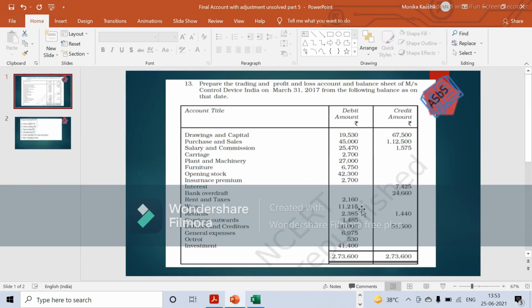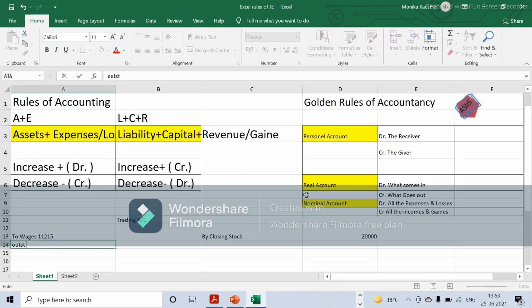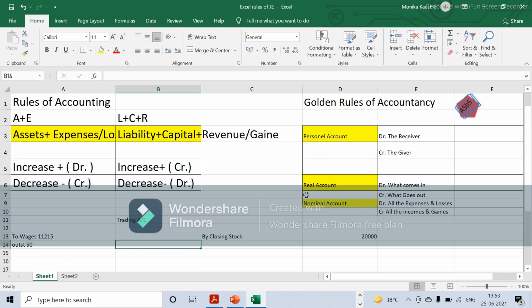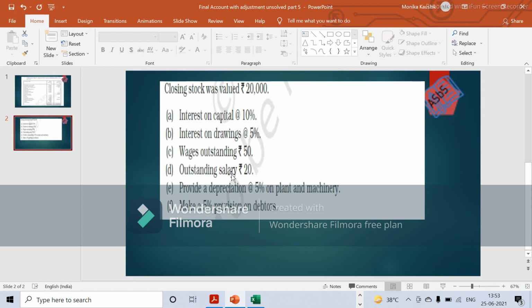So we'll have to add it back. The 50 rupees outstanding is related to this accounting period, so we add it here. And one more thing, we put it on the liability side because we have to make the payment of this. We have not yet made the payment, so this is done. Outstanding salary is part of P&L. Depreciation is a P&L part. Provision for doubtful debts is also a P&L part. So the adjustment entries are done.